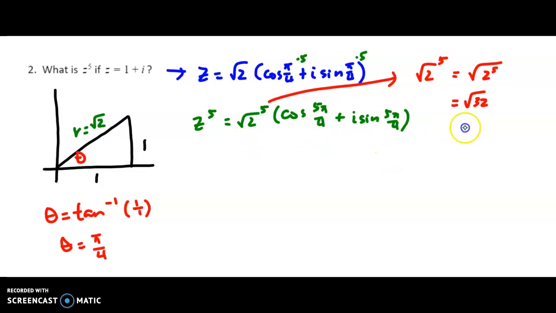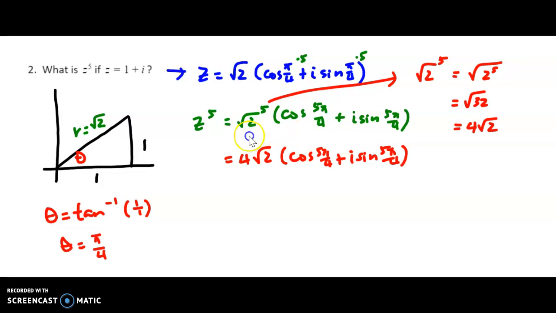So you could clean that up, and the square root of 32, if you simplify that, that turns out to be 4 root 2, okay? 4 root 2 cosine of 5 pi over 4 plus I times sine of 5 pi over 4. All right?